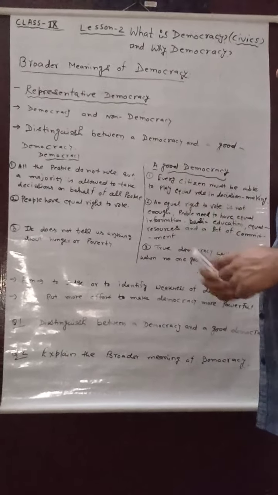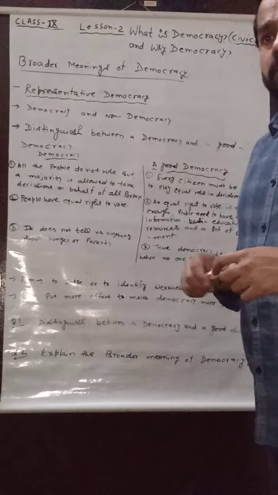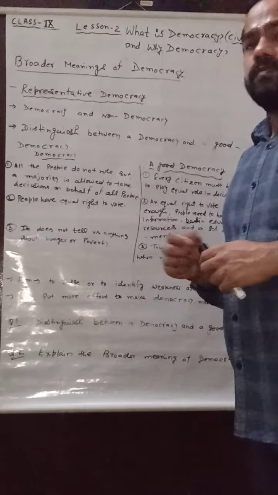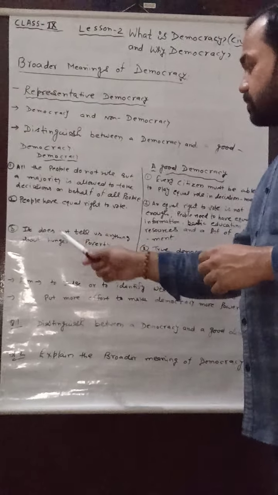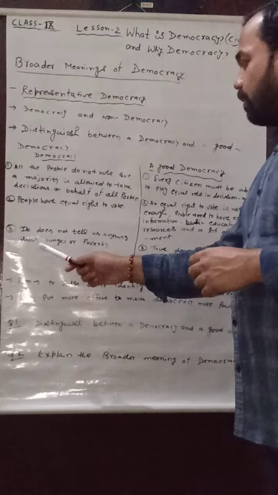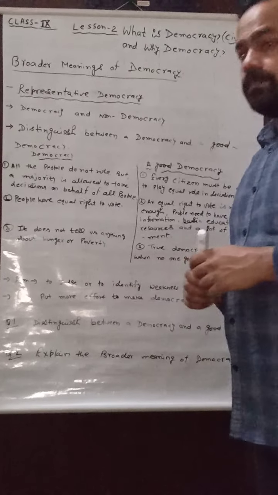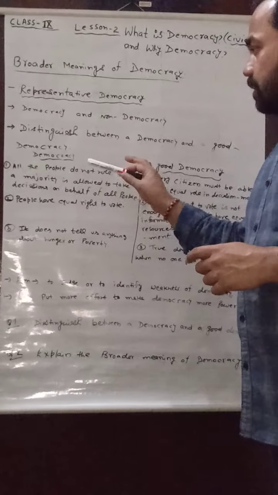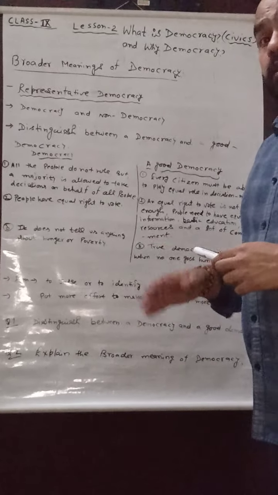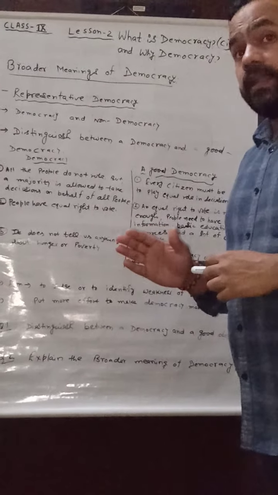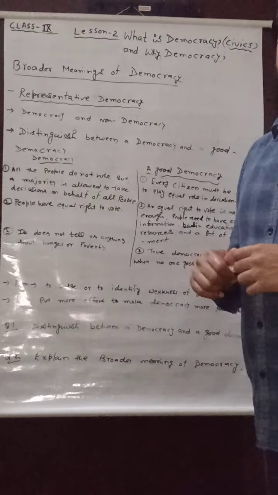And the third difference between a democracy and a good democracy is that a democracy does not tell us anything about hunger or poverty. A democracy will never promise that it will remove poverty and hunger from the country.